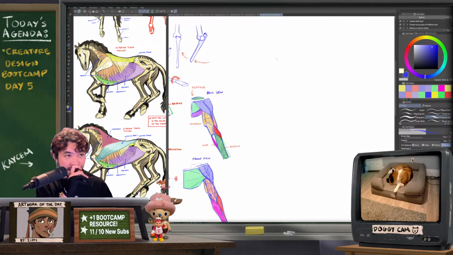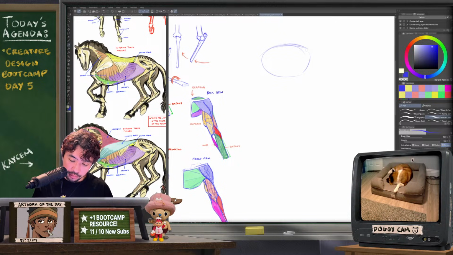So anyways, going in here to understand how to draw the arms of the animal, we must first position the human in a way that helps us understand how it works.